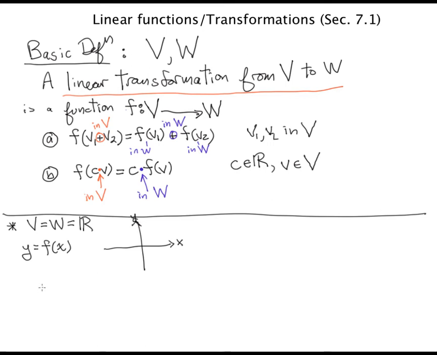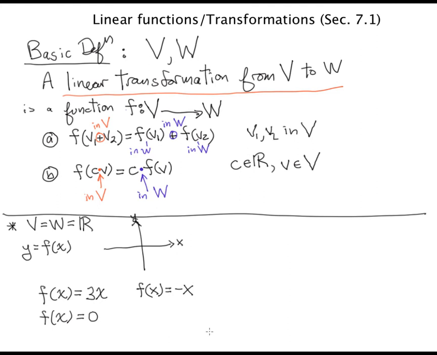And an example of a linear function, a linear transformation, is f of x is equal to 3 times x. Another example is f of x is equal to 0. A third example is f of x is equal to minus x.